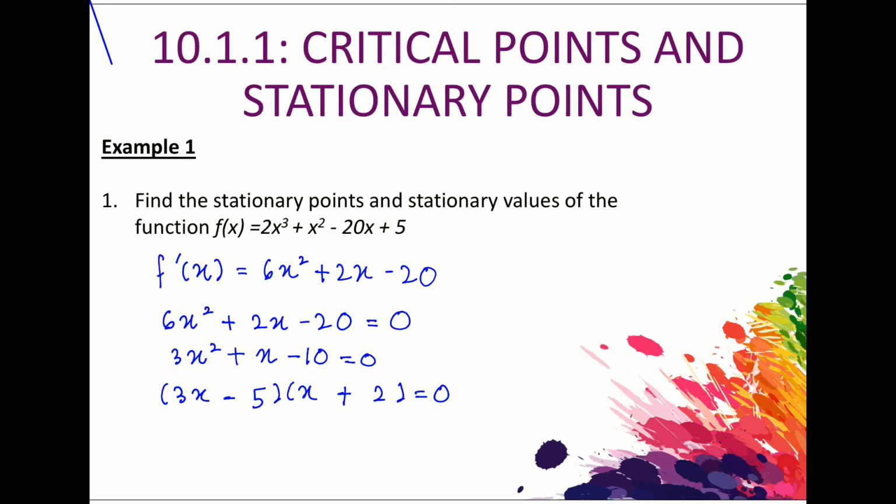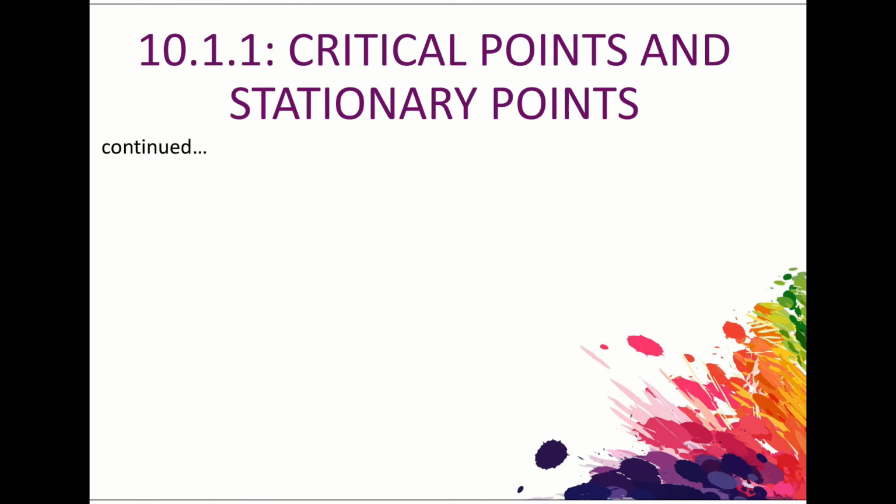So the first value of x is 3x minus 5 equals 0, so x is equal to 5 over 3. And the second value of x is equal to negative 2. Thus, in order to find the y-coordinate, or the value of f(x) when x is equal to 5 over 3, we need to plug in the value of x equals 5 over 3 into f(x).